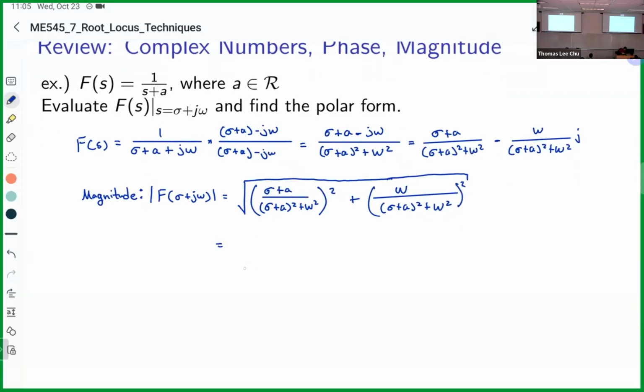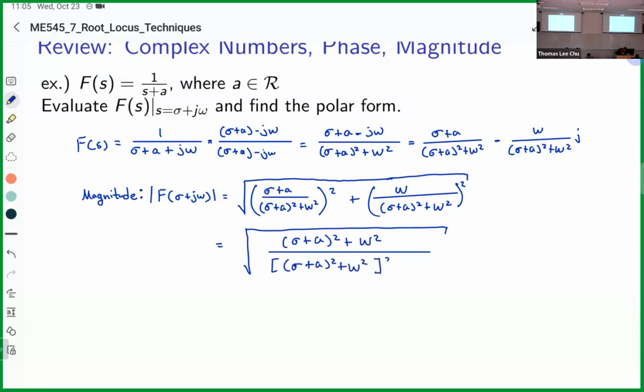And basically, we can just rewrite it like this. You might see a pattern now. Sigma plus a squared plus omega squared divided by sigma plus a squared plus omega squared, close brackets squared.